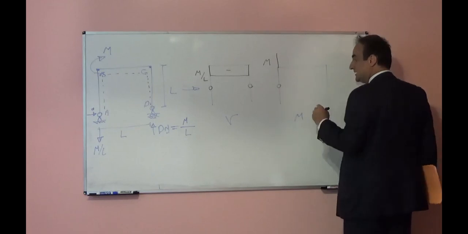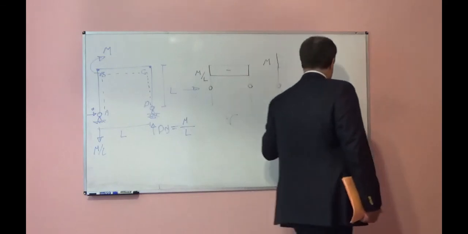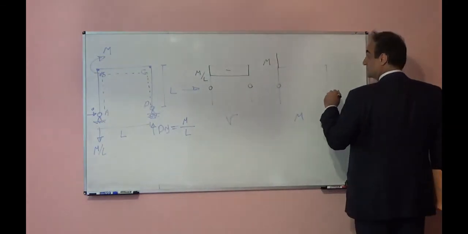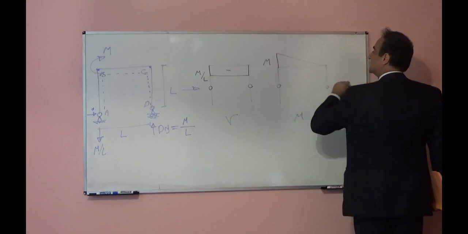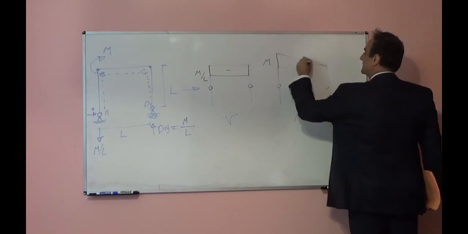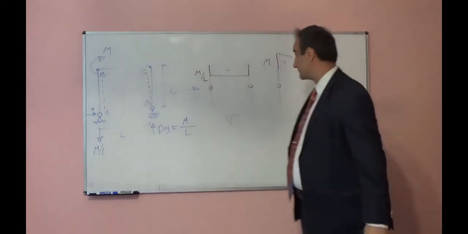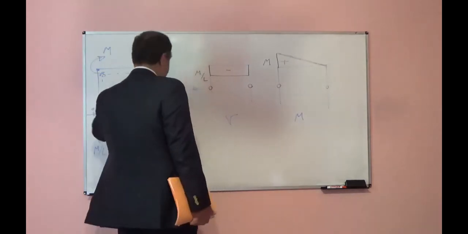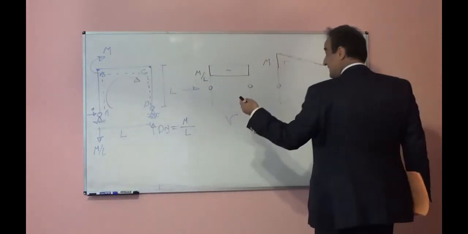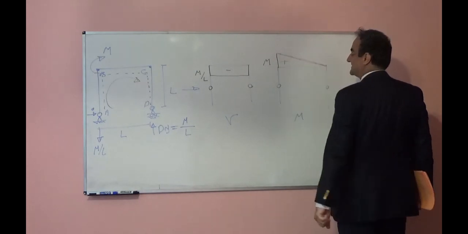At joint D, note D here is a hinge, so moment is 0. There is no force perpendicular to the DC, the entire column is 0, so from M it comes to 0. It will be one triangle like this, positive M. If I move clockwise inside of the frame, you see in the direction of movement, the moment magnitude is decreasing.